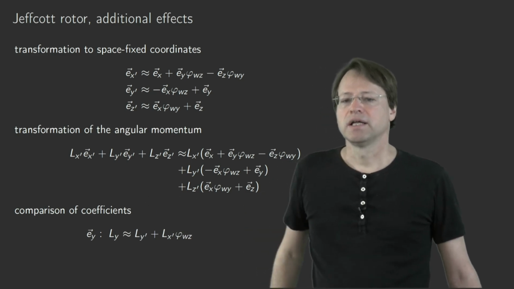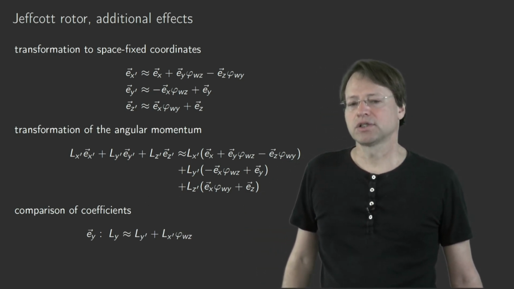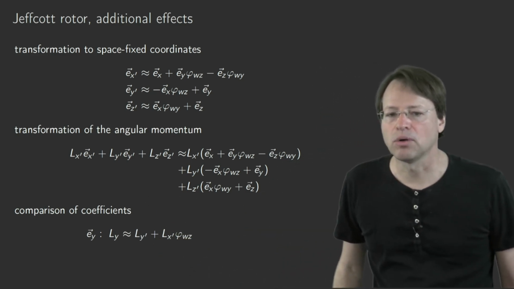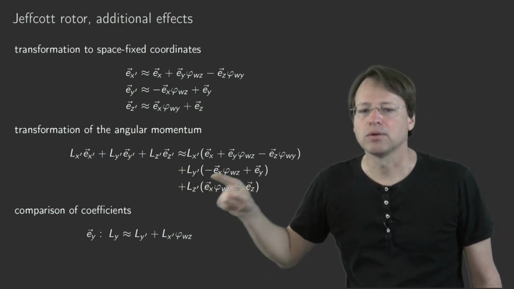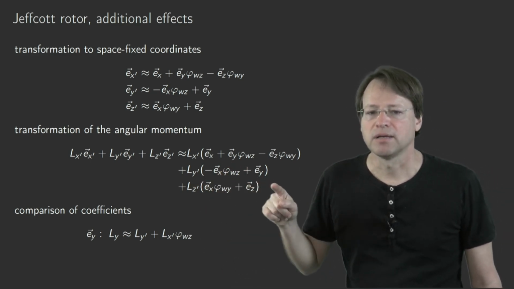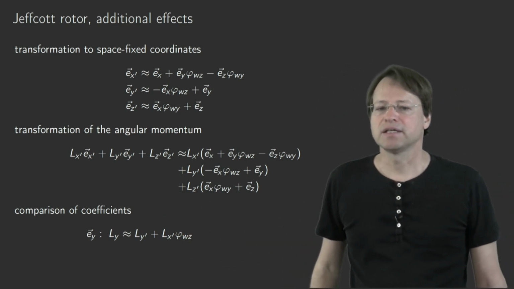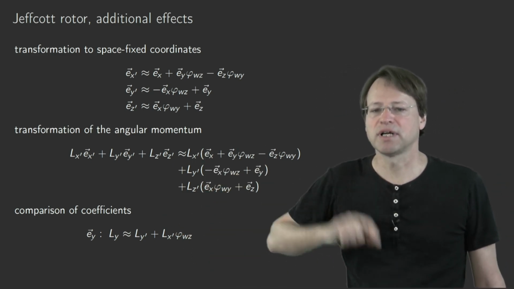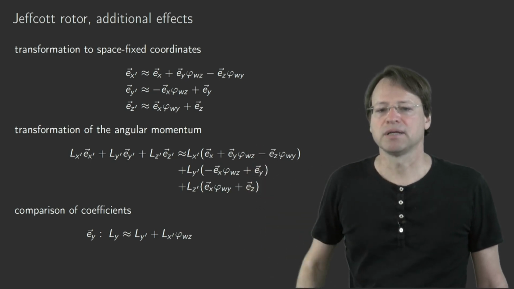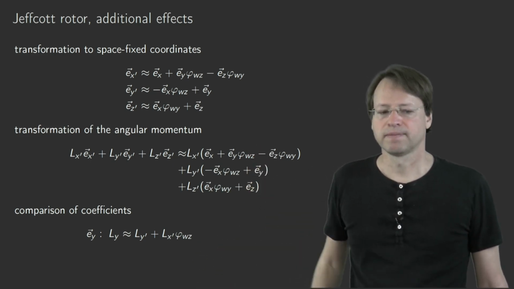So this would be the angular momentum in y direction, space-fixed y direction. It's composed, where do we have it? Ly prime times ey is the main contribution, I would say. And then there is a second contribution from Lx prime. It's Lx prime times phi wz.